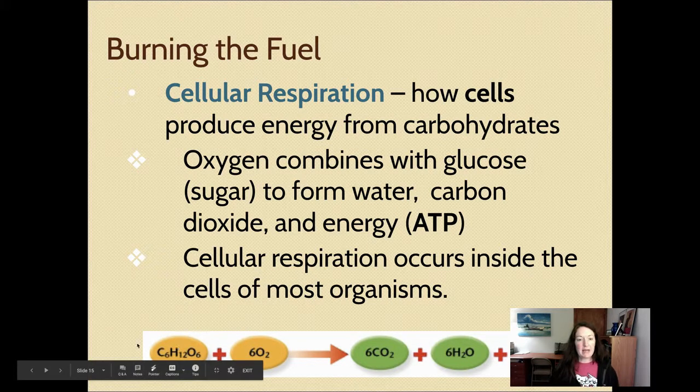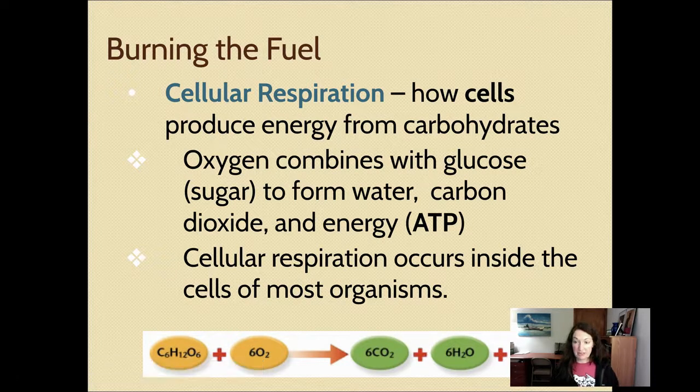You are again copying down the formula for cellular respiration instead of photosynthesis. But just remember, it's just the opposite of photosynthesis, only instead of having sunlight in there, which is what producers use, you are creating energy using the sugar.